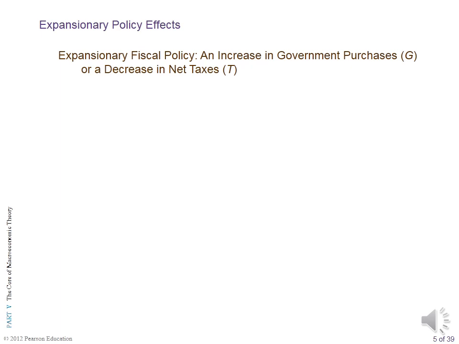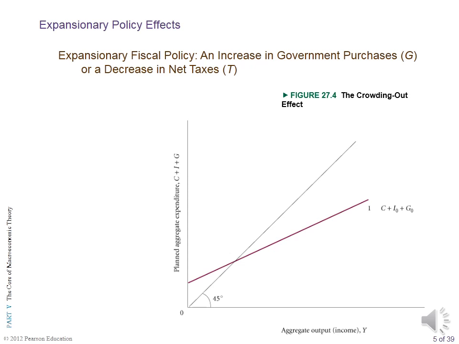So let's illustrate the effect of crowding out on the graph. Let's begin from the equilibrium where the 45-degree line, which is the income line, intersects aggregate expenditure function 1. So the aggregate output will be determined.